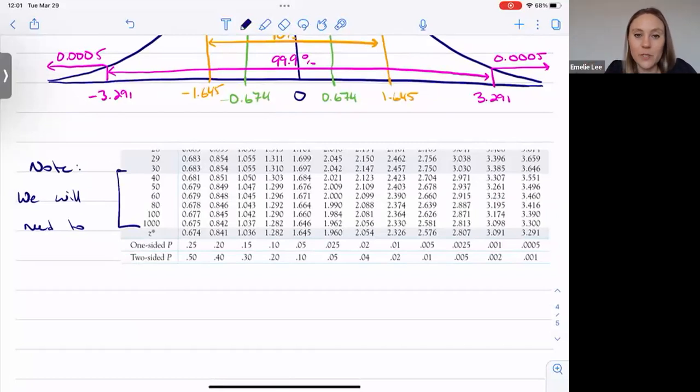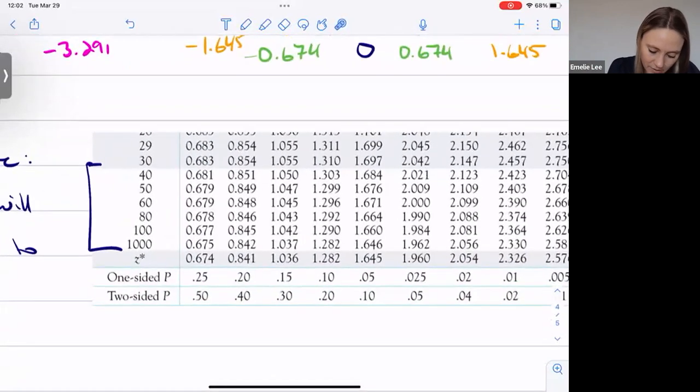For example, if you have 48 degrees of freedom, then what are you going to choose here? You have the choice between 40 and 50. It's going to be tempting to go to 50 because you're so close to 50. But what does that mean? That means you're assuming that you have a sample size of 51 when you actually only have a sample size of 49. If your degrees of freedom is 48, then you have a sample size of 49.